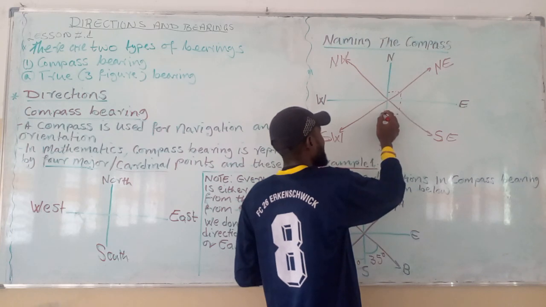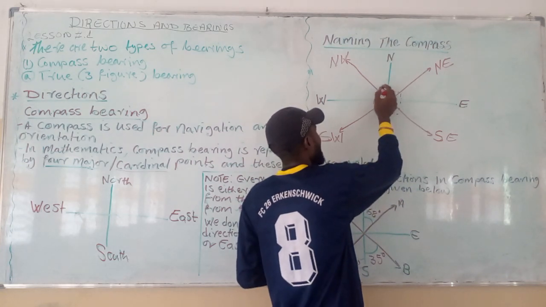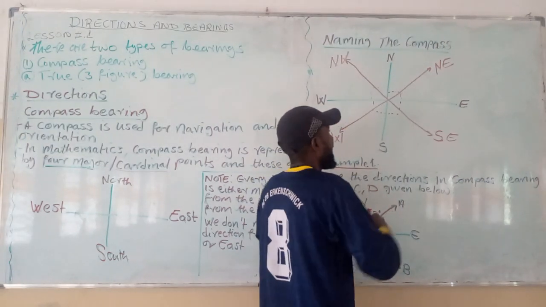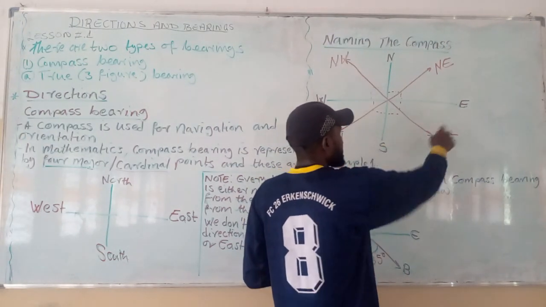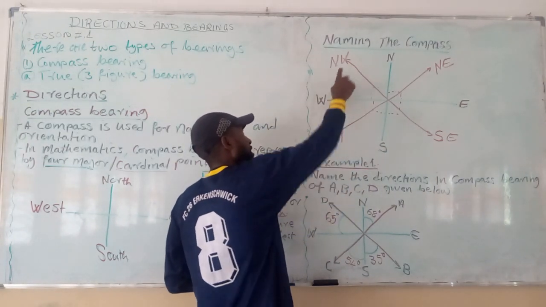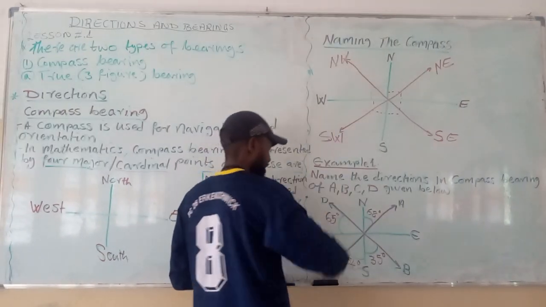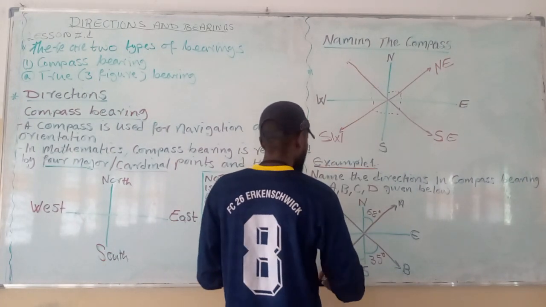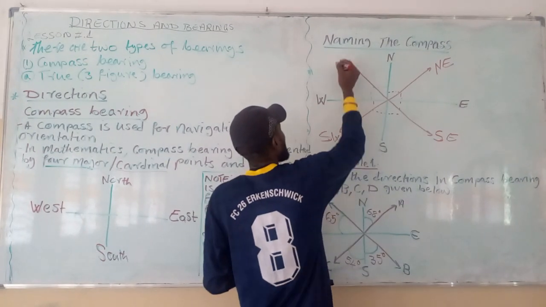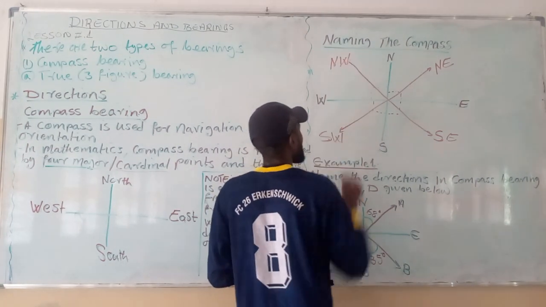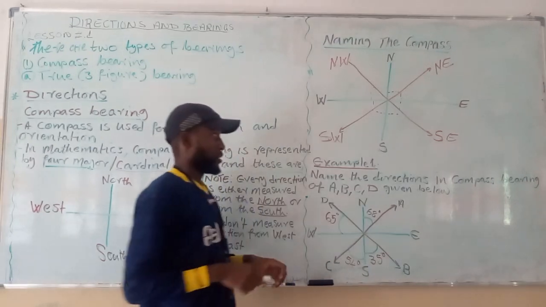This is also 90 degrees, and 90 degrees. In between these directions, it is 90 degrees. So always remember the angles. They are very important because here we will deal with angles specifically as well.